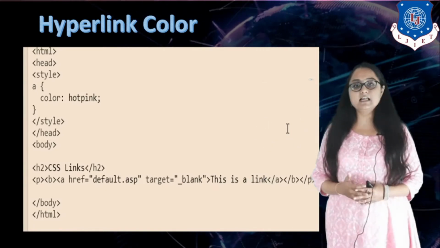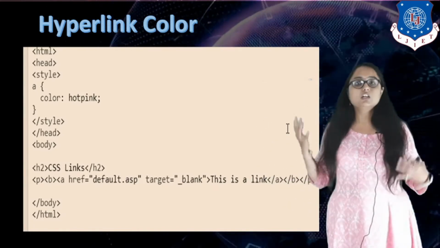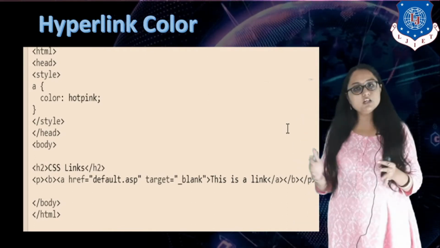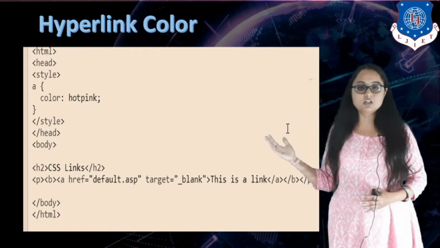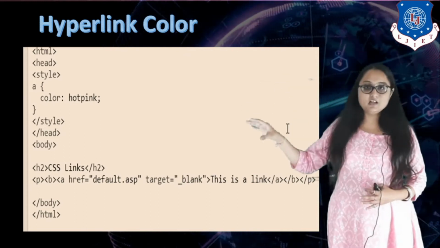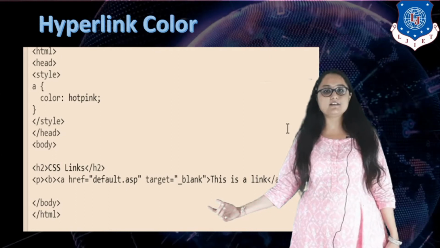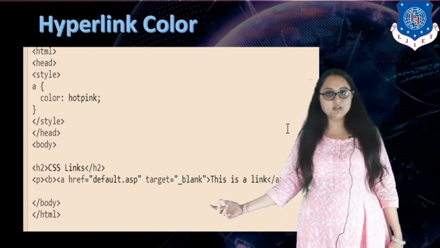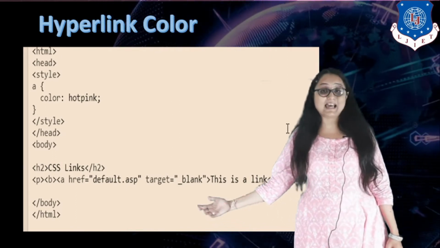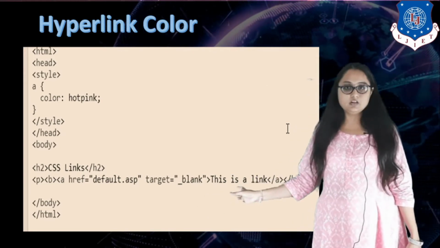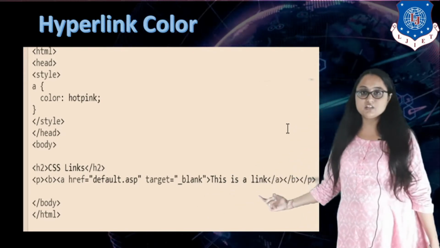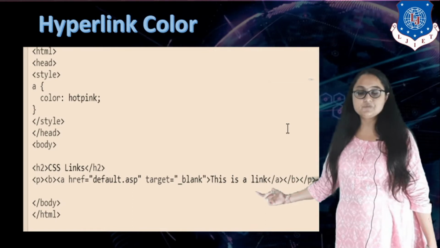We have already seen that to change the font color, the value was color. Similarly, if you want to change the hyperlink color, you have to write the appropriate selector. In our case, because here you can see that I have written a, that is a hyperlink anchor text tag. I have given some hypertext reference and I have written the inner text, this is a link, right?